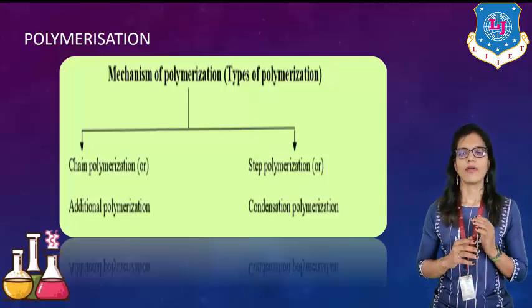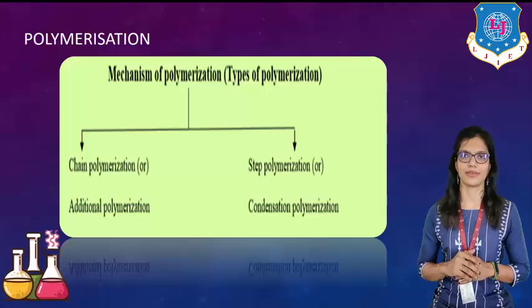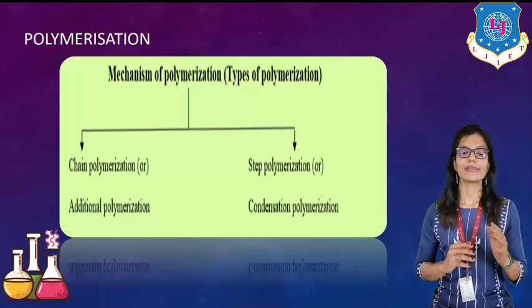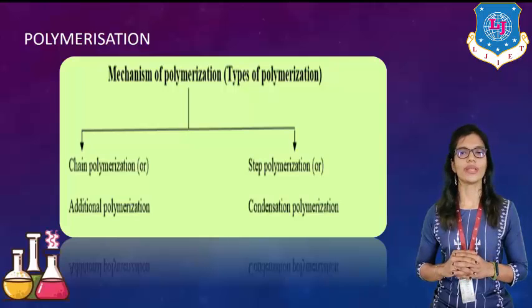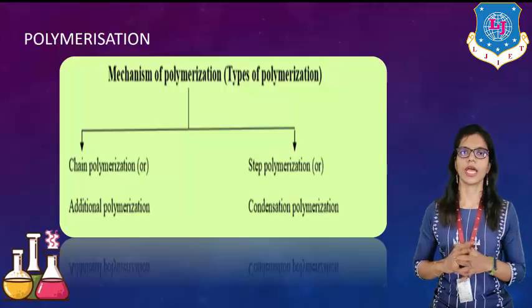Now, we can divide the types of polymerization into two main parts. First part is the chain polymerization, or it can also be known as addition polymerization. Okay?